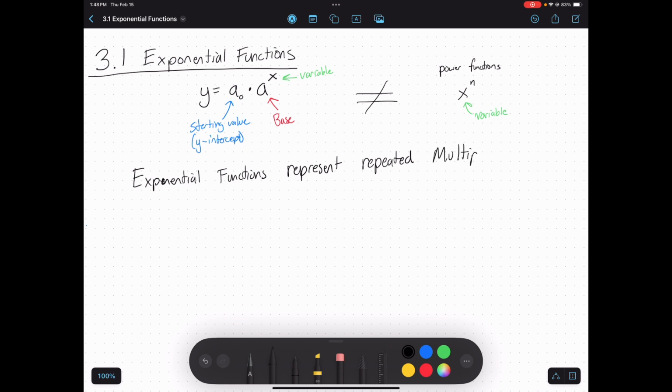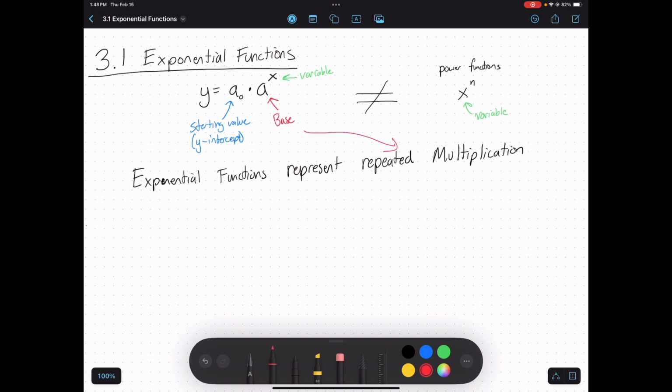Linear functions, because you have a constant rate of change, represent repeated addition. Whatever your slope is, you're adding that amount over and over again. Well, exponential functions are similar in that you're always multiplying by the same value. And that value that you're multiplying by is whatever your base is. Okay? I'm multiplying by a repeatedly.